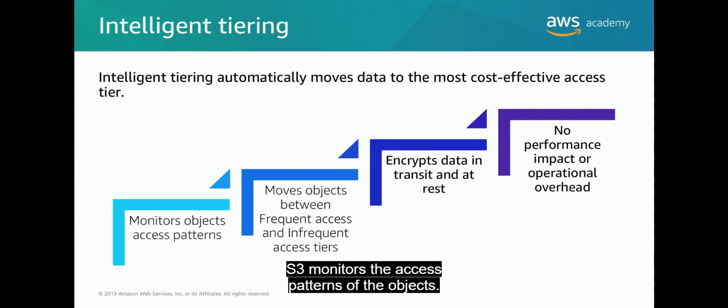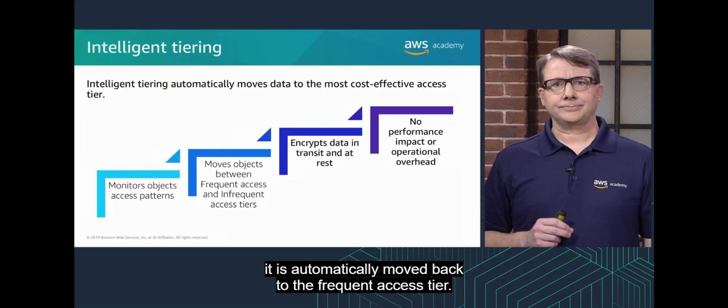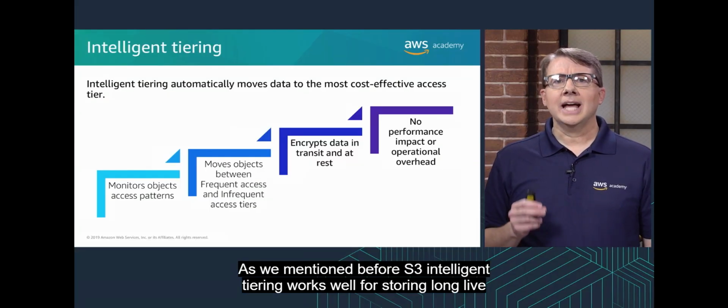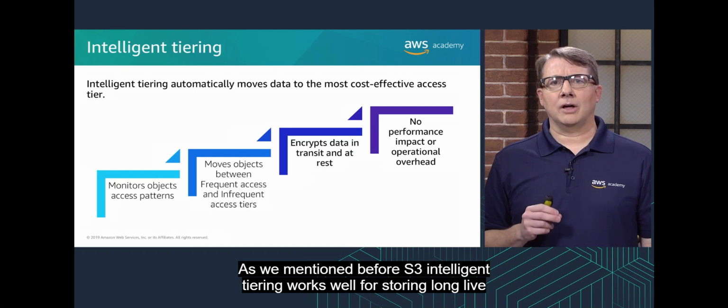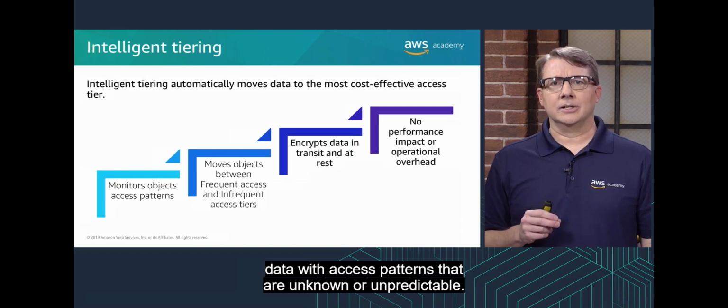S3 monitors the access patterns of the objects. It moves the objects that have not been accessed for 30 consecutive days to the infrequent access tier. If an object in the infrequent access tier is accessed, it is automatically moved back to the frequent access tier. As we mentioned before, S3 Intelligent-Tiering works well for storing long-lived data with access patterns that are unknown or unpredictable.